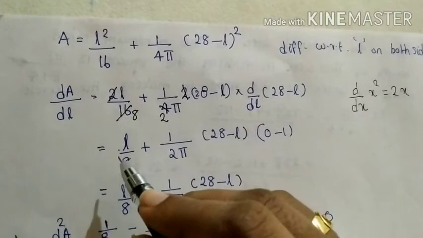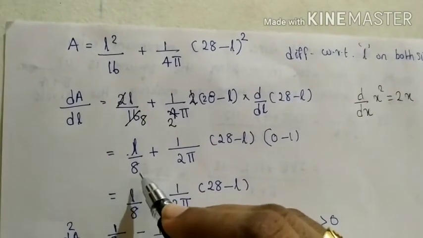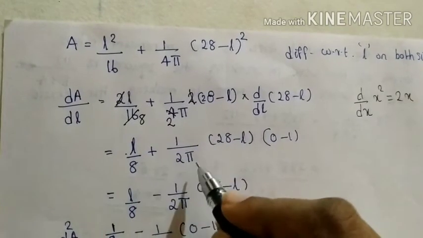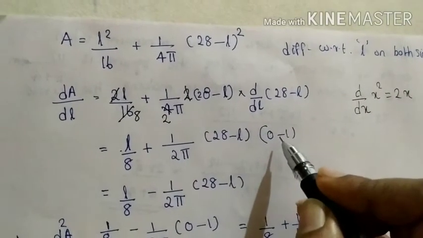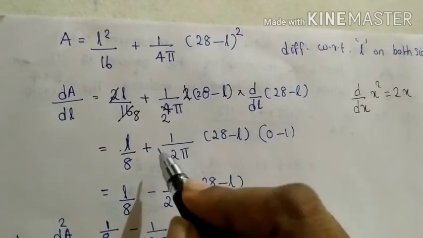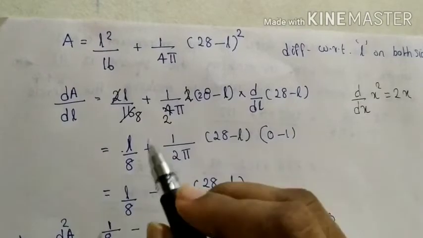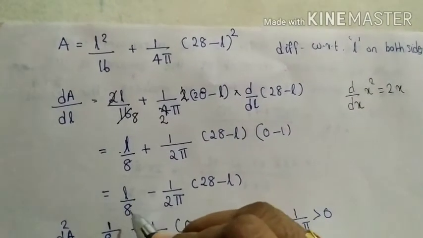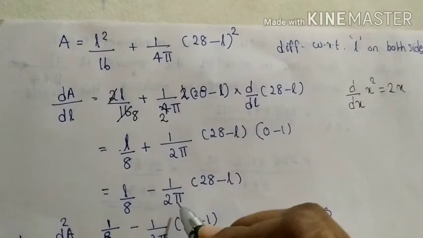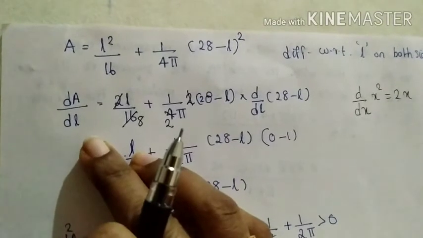So the value of dA by dL is L by 8 plus 1 by 2 pi into 28 minus L into 0 minus 1, and plus into minus changes to minus here.